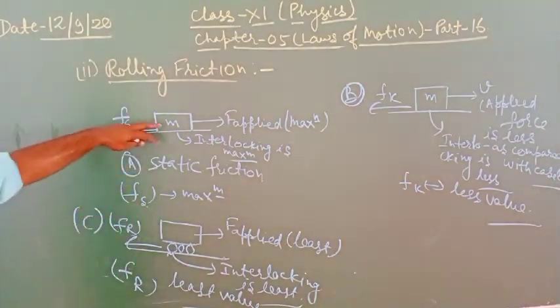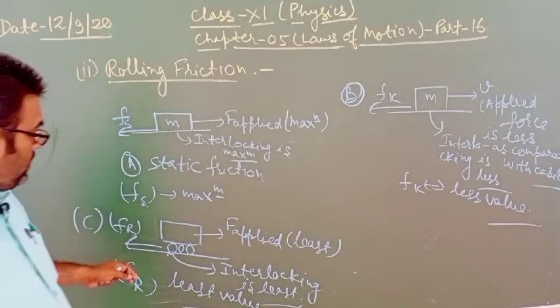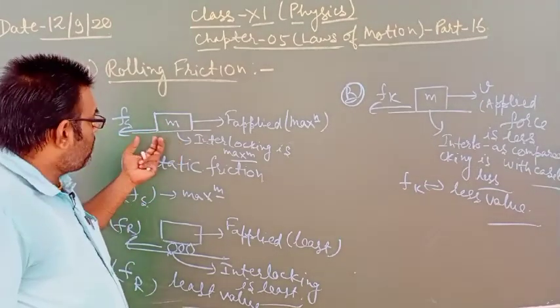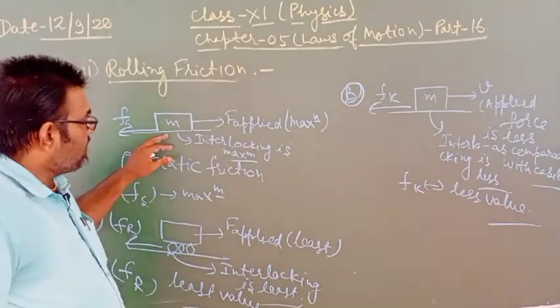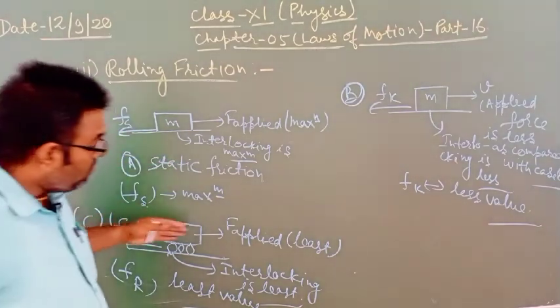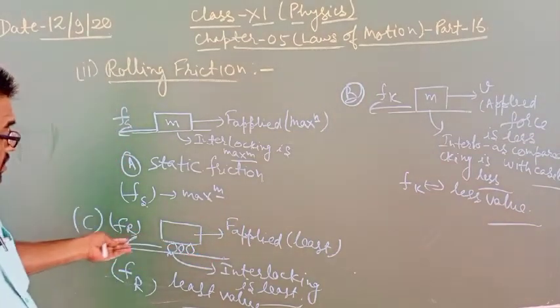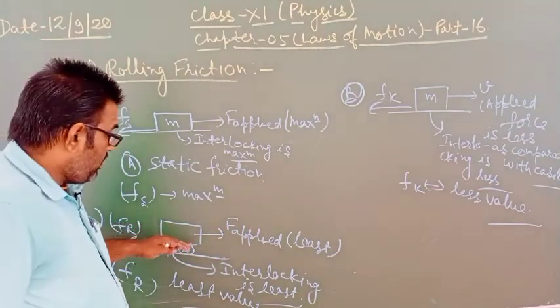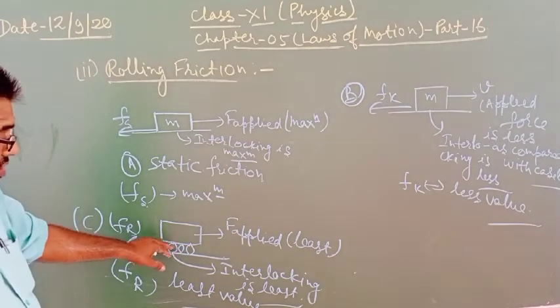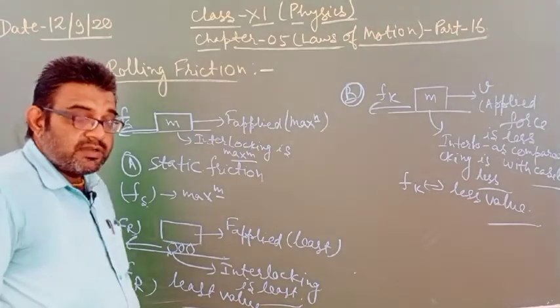As the normal reaction is the same, but the interlocking between the two surfaces is changing, it is easier to move. It is easier to move the object on the rough surface for the less interlocking between the object and the surface over which the object is moving.